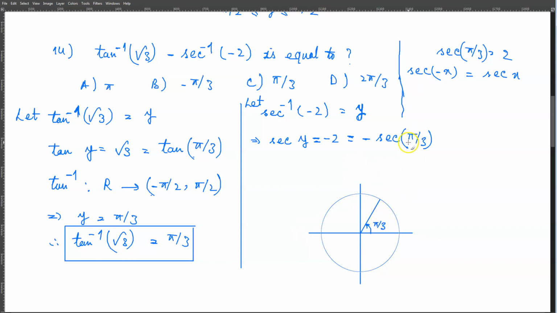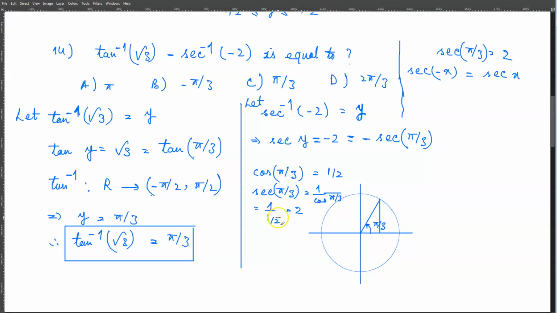I know that the cos of pi by 3 is equal to 1/2, right? And the secant of pi by 3 is equal to 1 over cos of pi by 3, right? And that is equal to 1 over 1/2, which is equal to 2, right?